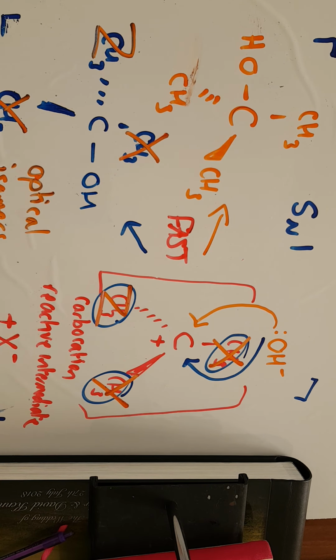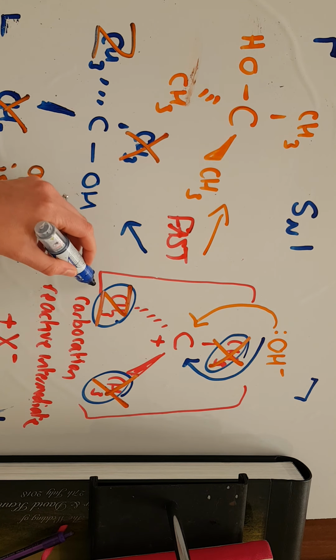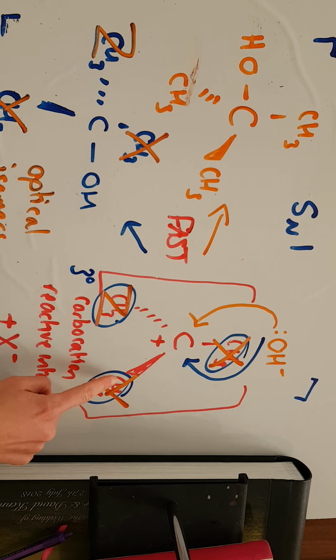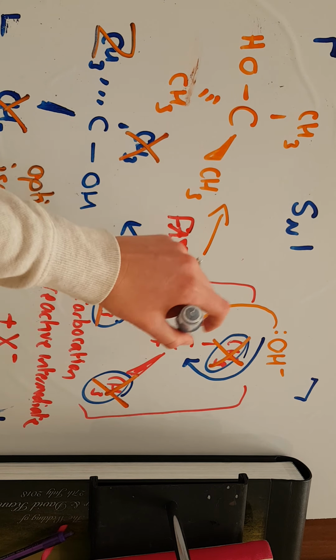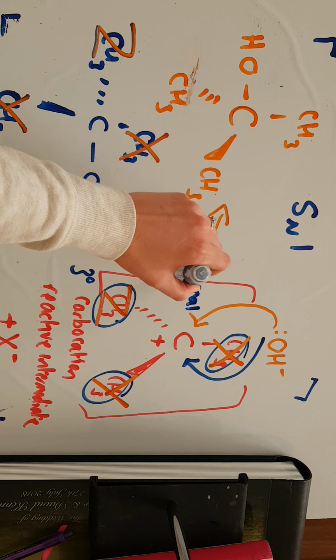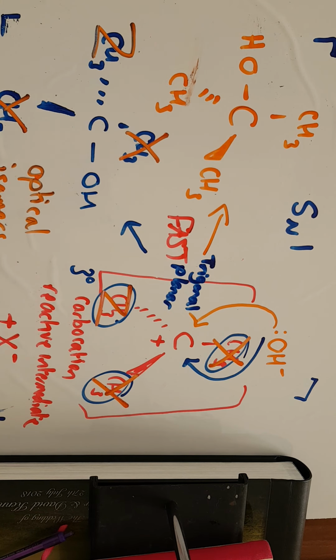We could say a little bit more detail about this carbocation. I could say it was a tertiary carbocation because the carbon is bonded to 1, 2, 3 different carbons. I could talk about the shape, so I could say this was a trigonal planar shape, in case you asked for that.